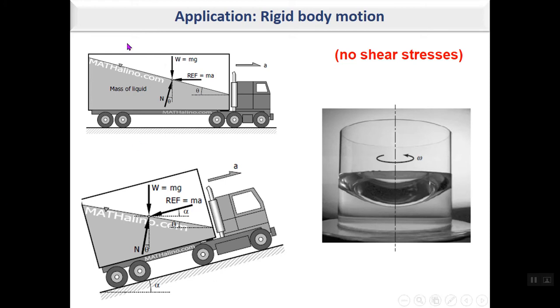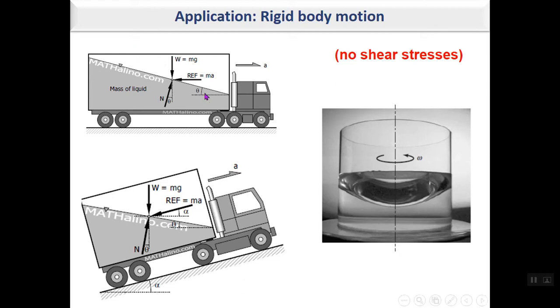When a body of fluid moves at a constant acceleration, either on a horizontal road or even on a sloped road, or a body of fluid like this one rotates about its own or any other axis, then in the final steady case it can be taken as a rigid body, and the equations of fluid statics apply to both these cases.